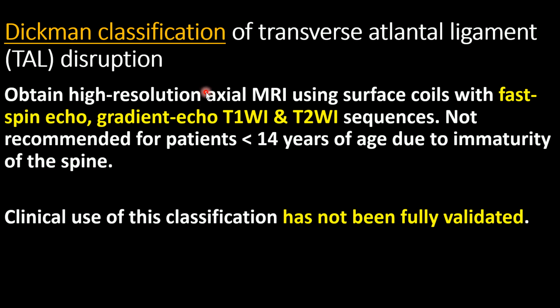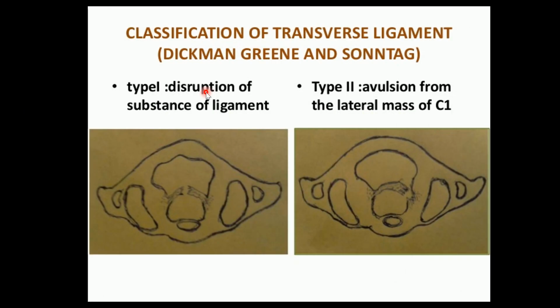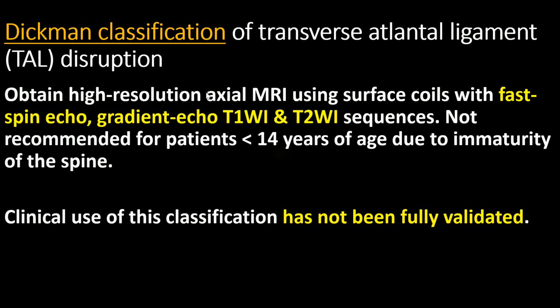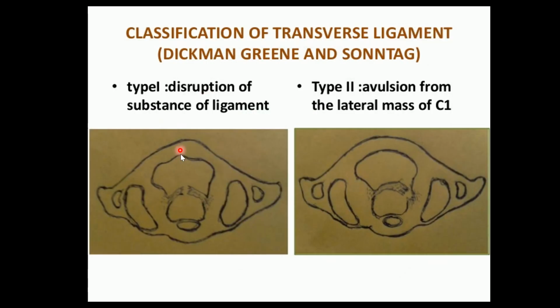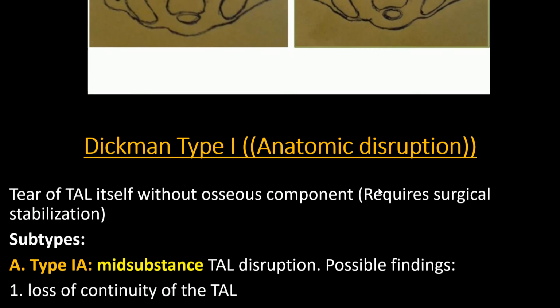The Dickman classification depends on transverse ligament disruption. Here we can see the anatomical disruption, which is type 1, and here's the physiological disruption, which is type 2.